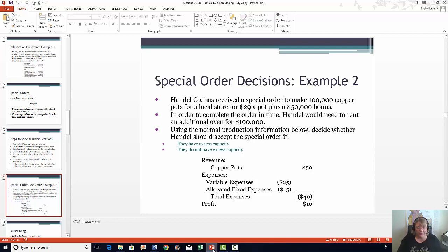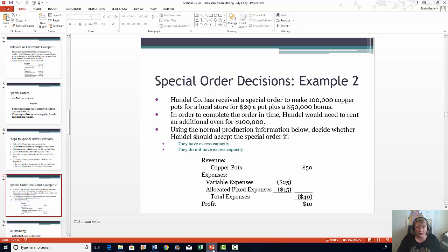In order to complete the order in time, Handle would need to rent an additional oven for $100,000. Like I said, they need that extra oven so that they could make all these pots. Using the normal production information below, decide whether Handle should accept the special order if, one, they have excess capacity, and two, if they do not have excess capacity.